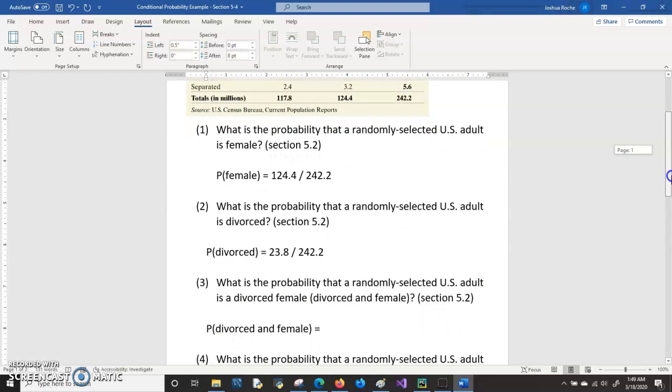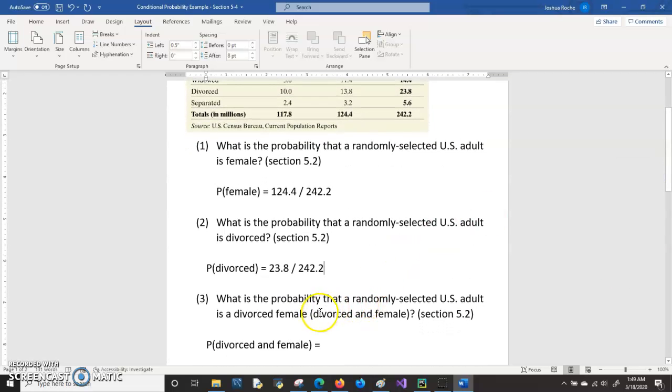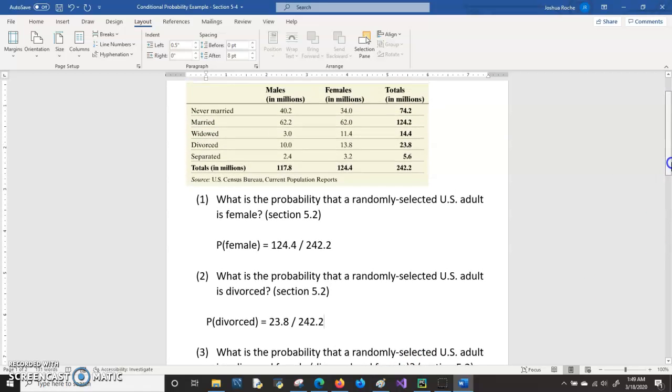Here's another question we could answer. What's the probability a randomly selected U.S. adult is a divorced female? In other words, somebody who's divorced and female. In the table, the denominator is still going to be 242.2.